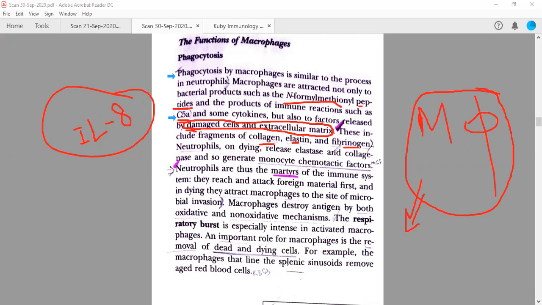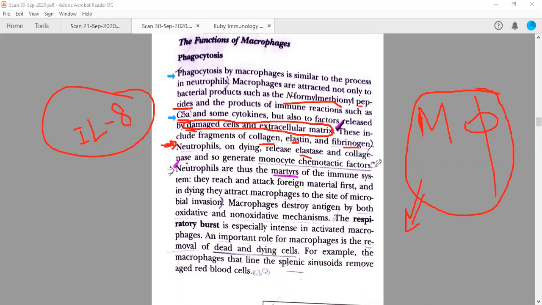Neutrophils on dying release elastase and collagenase. So whenever there is death of neutrophils, which are small phagocytic cells, their components, including collagen, elastase and collagenase, will be produced and ultimately recognized to generate monocyte chemotactic factor.